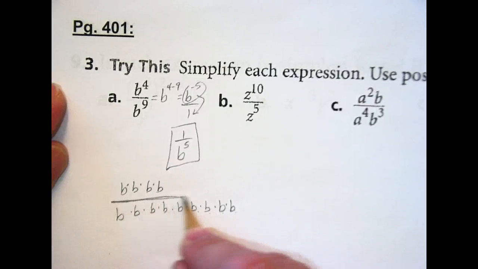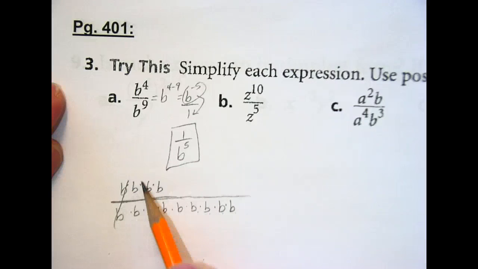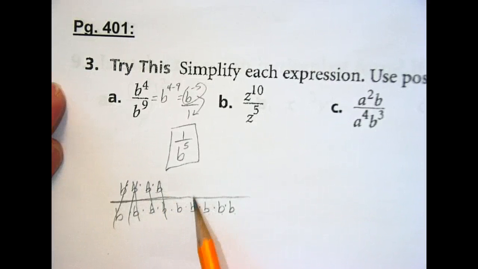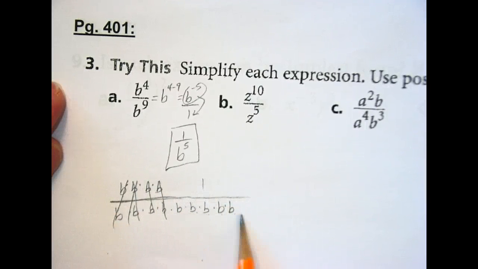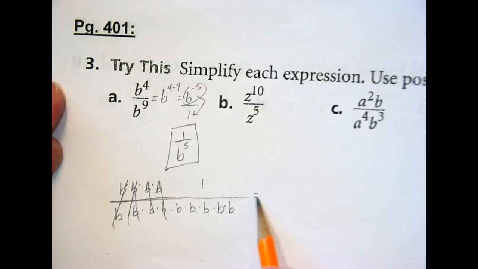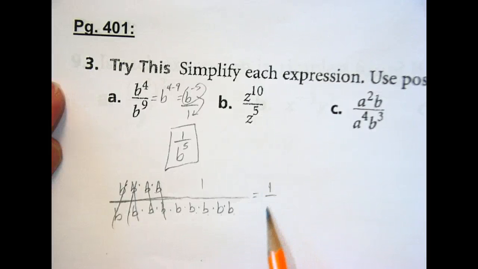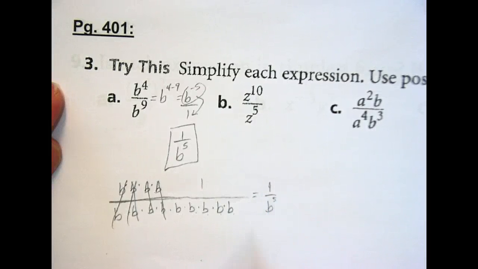You look at it like that, if you start canceling, that gives me a 1 left on top. When everything cancels out, you're left with 1 and b to the fifth on bottom. So 1 over b to the fifth. So that's another way to think about it.